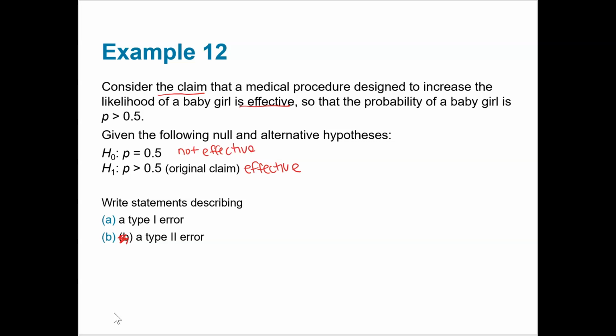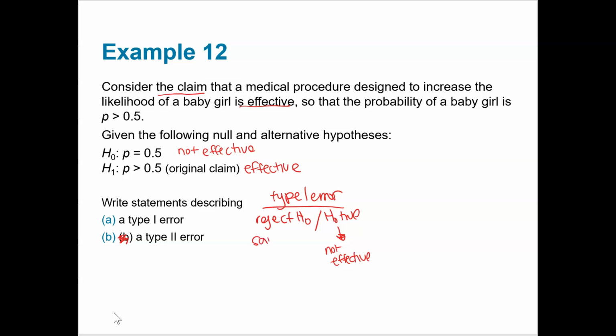So a type 1 error is when I reject the null hypothesis, but it's true. So what does it mean when the null hypothesis is true? If the null hypothesis is true, then it's saying that it's not effective. But I rejected it. What did I say?